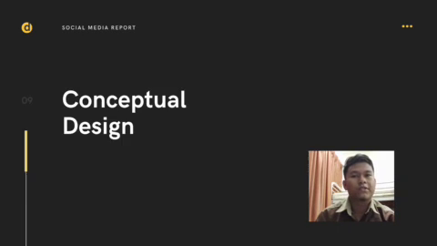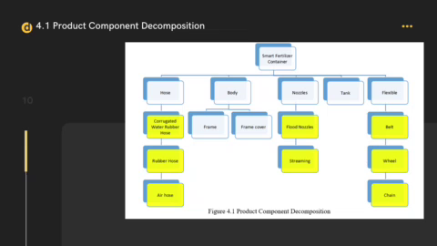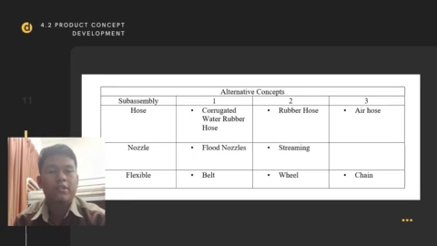So now I will present about the conceptual design. The conceptual design is the framework that establishes the aim and the idea behind a visual layout. For product concept development, at this point, several different concepts for each sub-function of the product component decomposition have been produced.